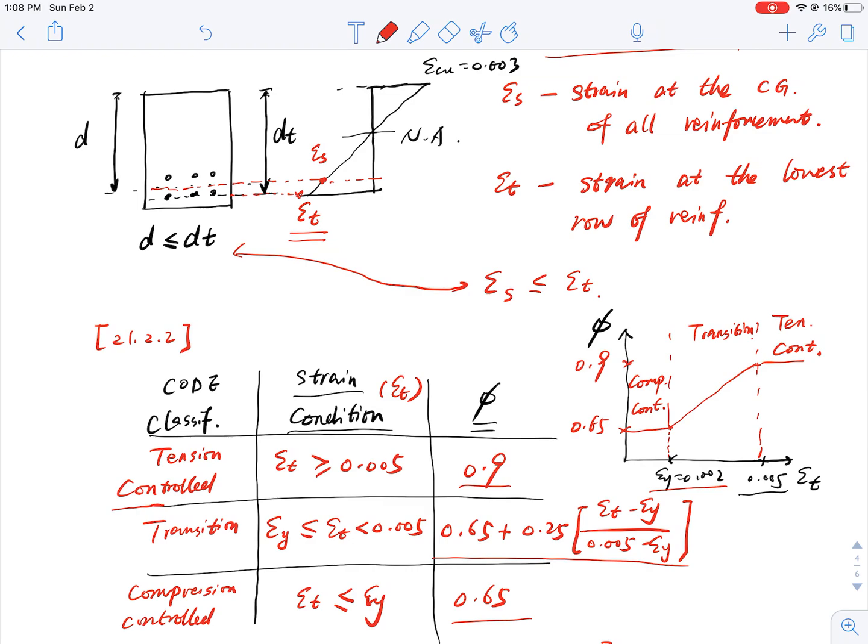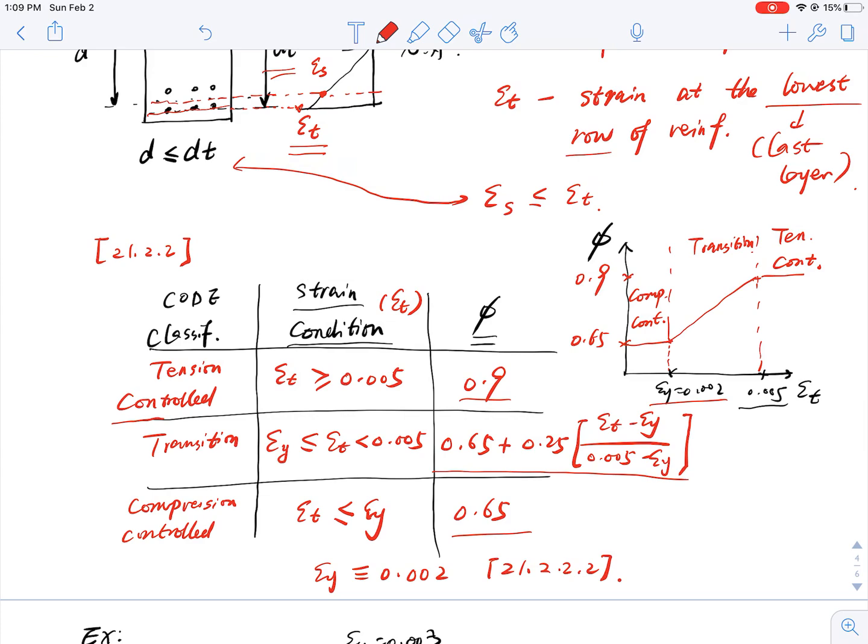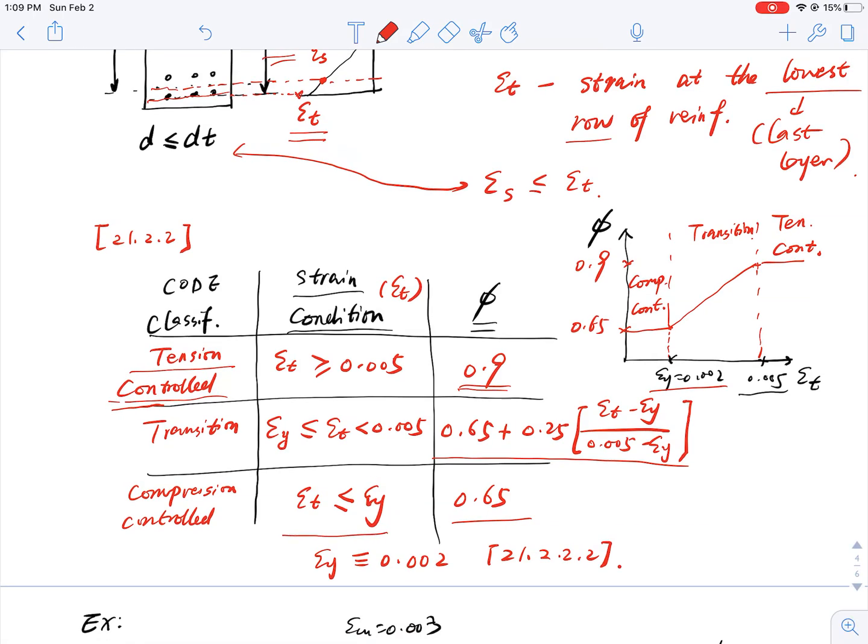We come up with a table: if the strain in the last layer of reinforcement, the lowest row or bottom layer, regardless of what you call it, at the distance dt, is bigger than 0.005, we call it tension controlled, and we set phi equal to 0.9. If it's lower than yield strain, we call it compression controlled with a reduction factor of 0.65. If in between, we do the linear interpolation.